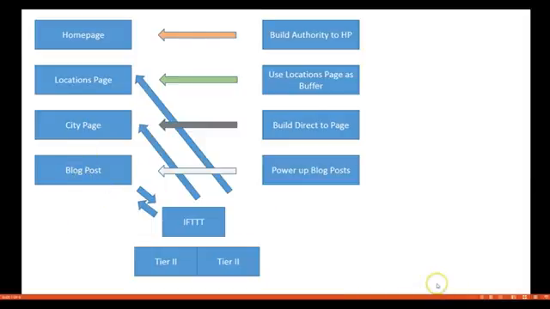So it acts as a buffer. From a velocity perspective, it's not an unnatural amount of link slamming to one page, so you can be creative, and that's essentially going to give you guys really good results.